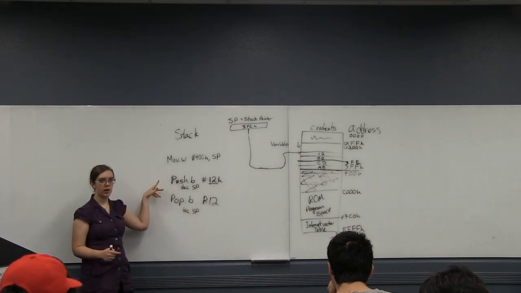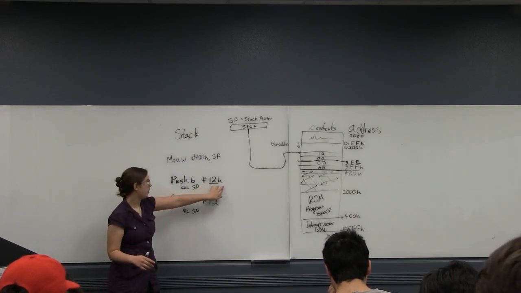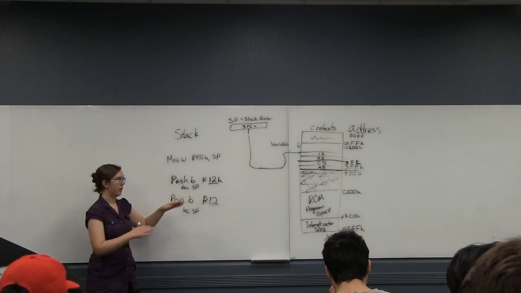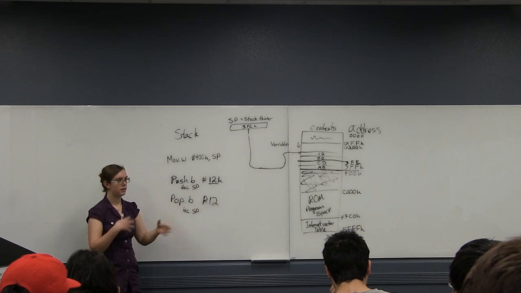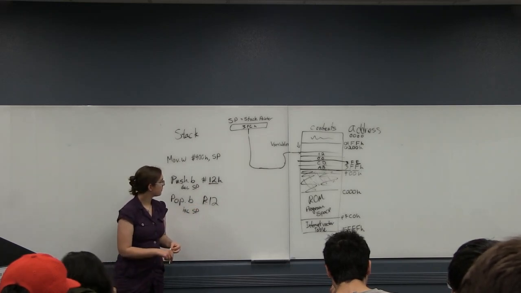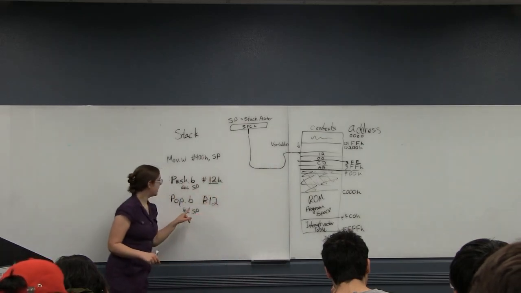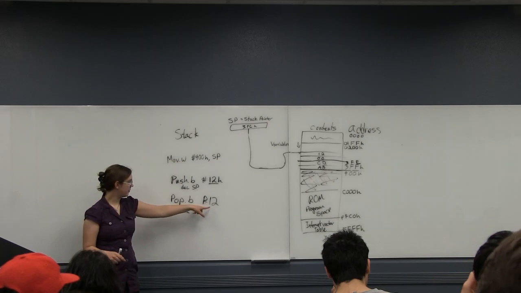Both of these are only one operand instructions. So there's no source, you can only have one thing, either the value or the location, like where to store it. What to store for push, and then for pop, where to store. Questions? So let's say we have this pop B, R12.